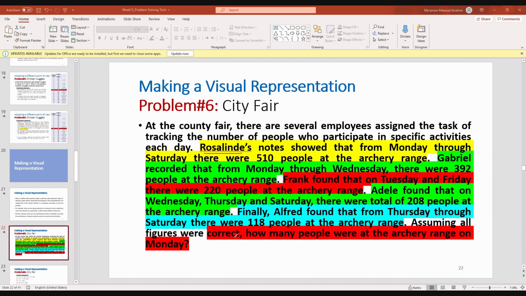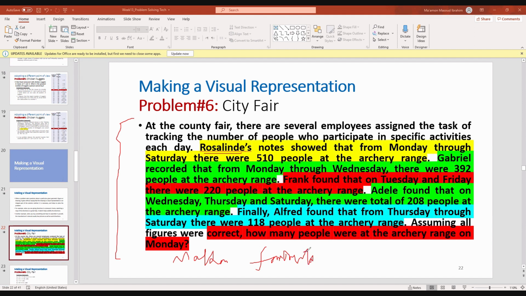So now we can change this directly to mathematical formulas. If you remember, equations or solving equations, a mathematical formula or equation.